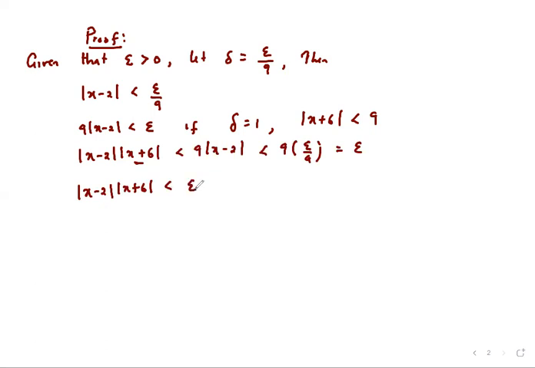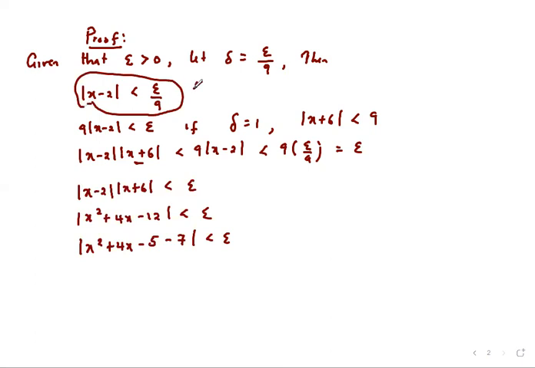And if we expand here, we end up getting the whole quadratic, which is |x squared plus 4x minus 12| less than epsilon, which is |x squared plus 4x minus 5 minus 7| less than epsilon. So it holds that whenever this is the case, where this is our delta, we end up having this be less than epsilon. Hence, shown.